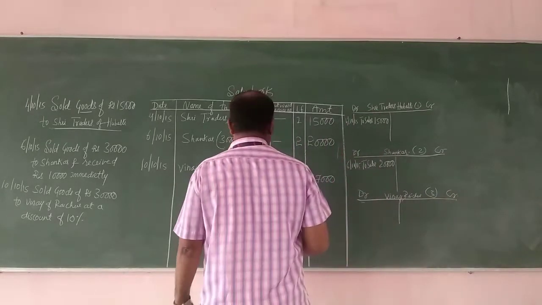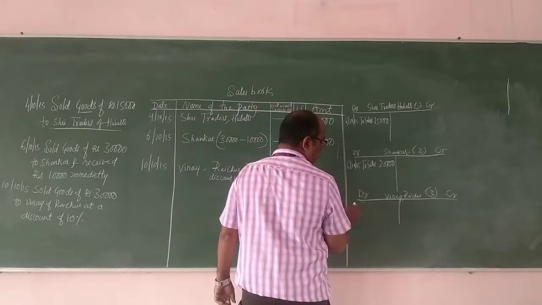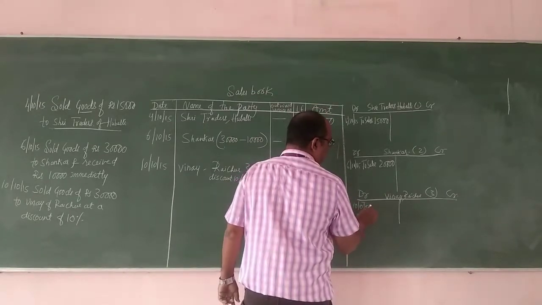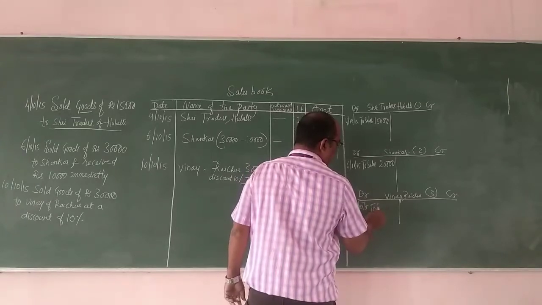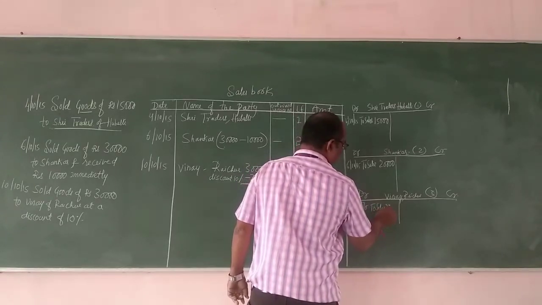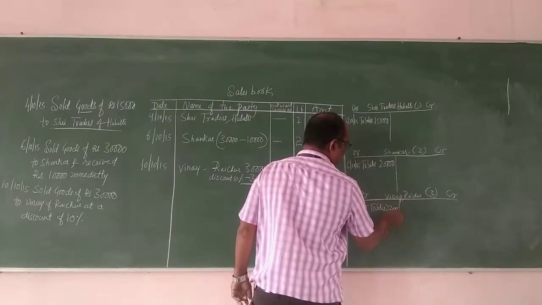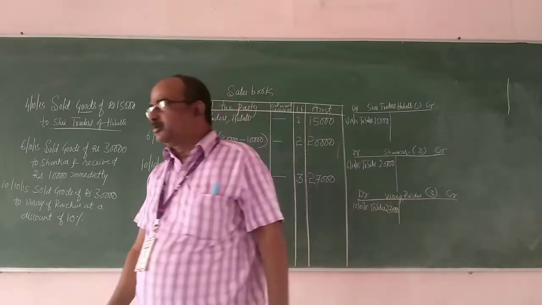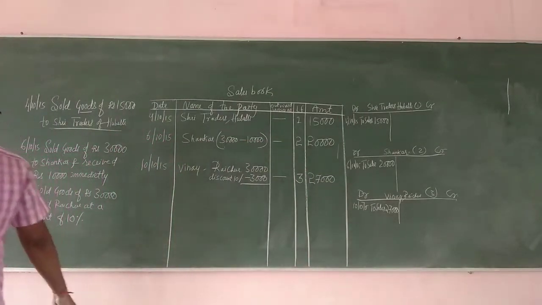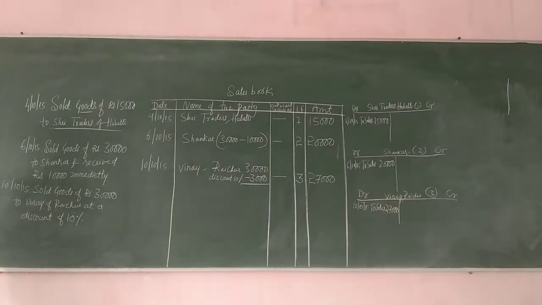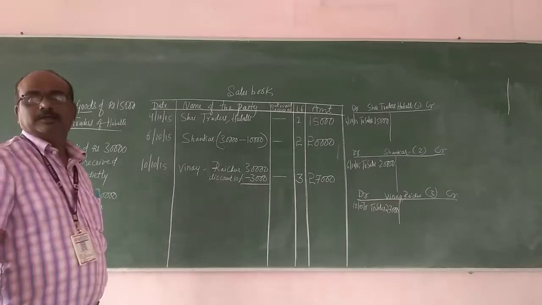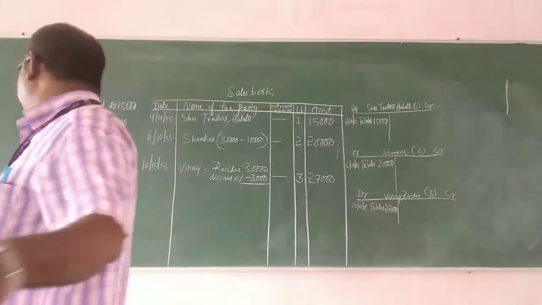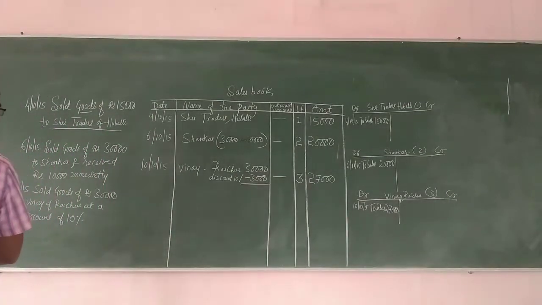Date is 10/10/2015, to sales 27,000. So this is how we record the transactions in the sales book. So now let us see few more transactions.